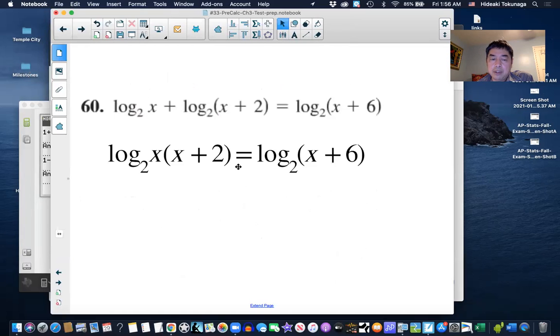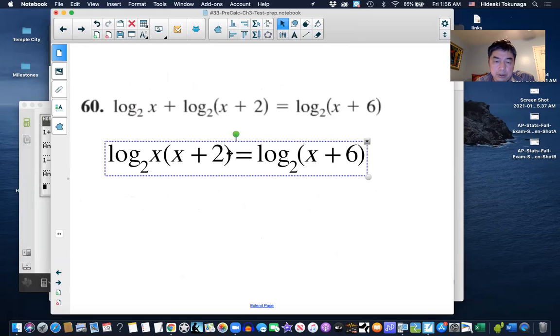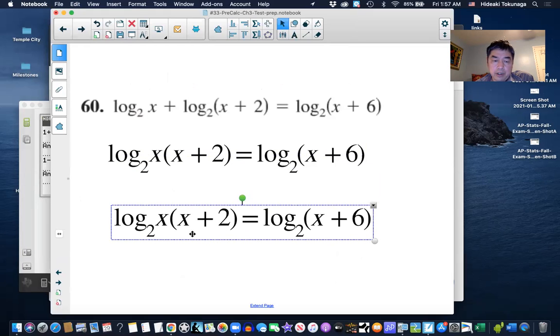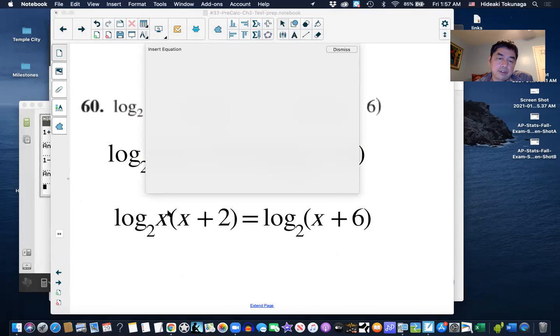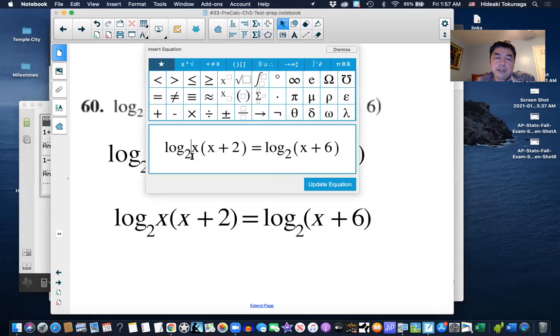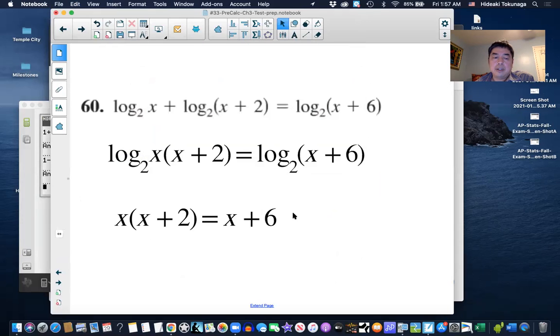So it must be x times x plus 2 equal to x plus 6, so you can erase this. That was a rule, right? And you don't even need a parenthesis here. Okay, and do the distributive property.